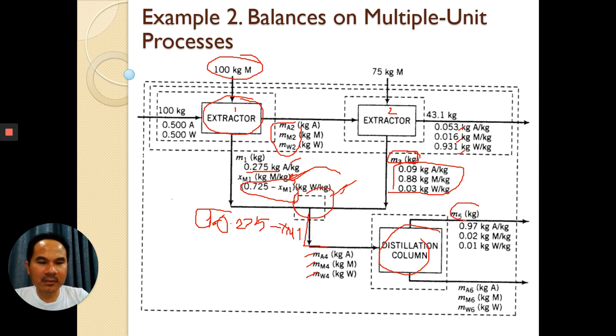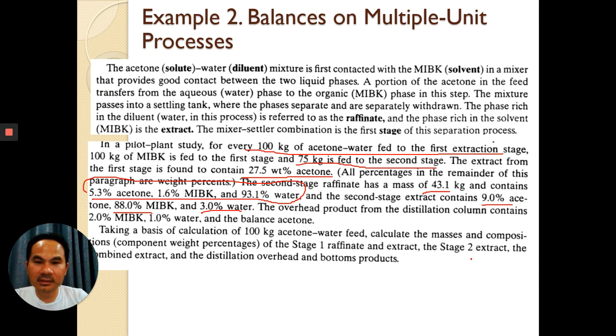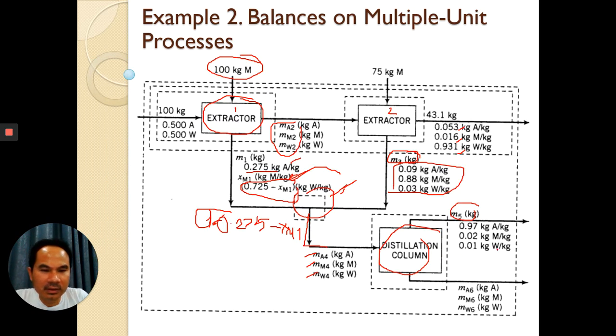The top product is M5, and we know its composition. The overhead product of distillation contains 2% M and 1% water: 2% M is 0.02 and 1% water is 0.01, and acetone is 1 minus 0.01 minus 0.02, which gives 0.97. The total is 1.